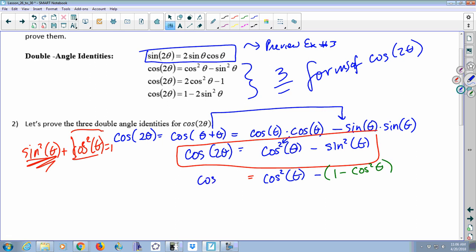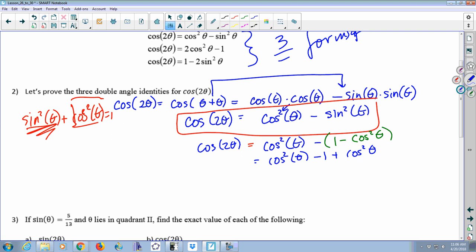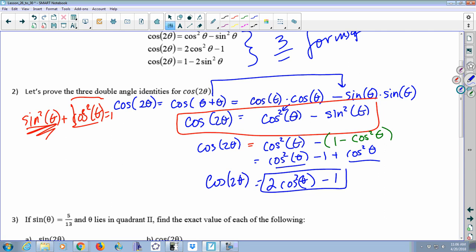And now I simplify this. So I get cosine squared of theta minus 1 plus cosine squared of theta. I distribute that subtraction sign through. Hey, I got two like terms here. I got 2 cosine squared theta take away 1. So there's my second double angle formula for cosine.